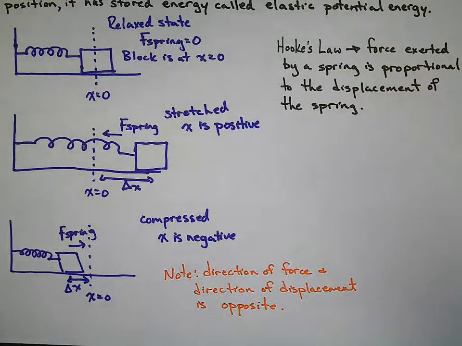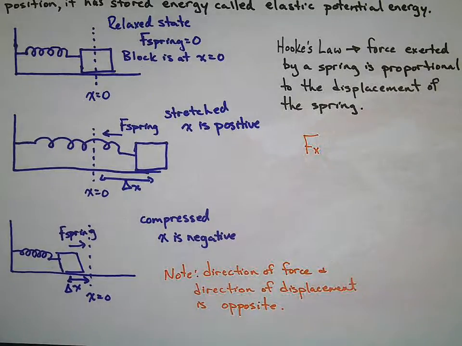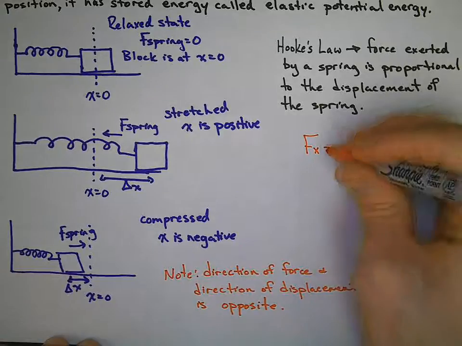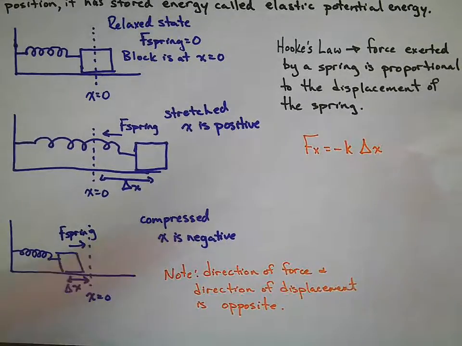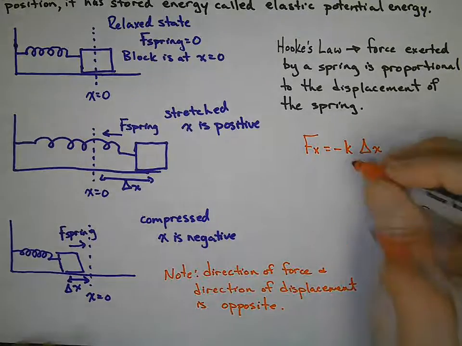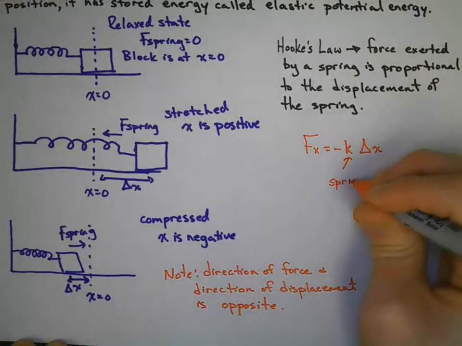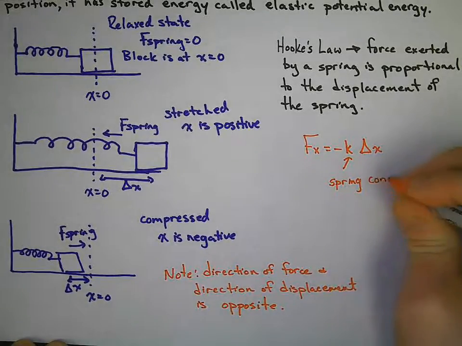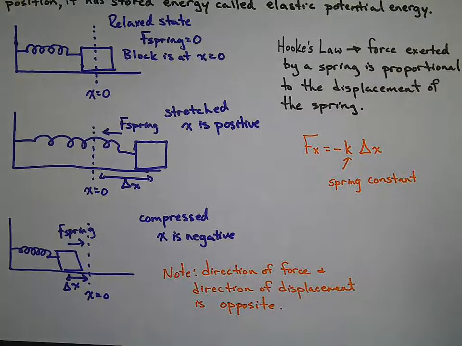So mathematically, the force of the spring, Fx, is equal to negative k multiplied by our displacement x. And this k is simply our spring constant. That spring constant corresponds to the stiffness of the spring. The stiffer the spring, the higher the spring constant.